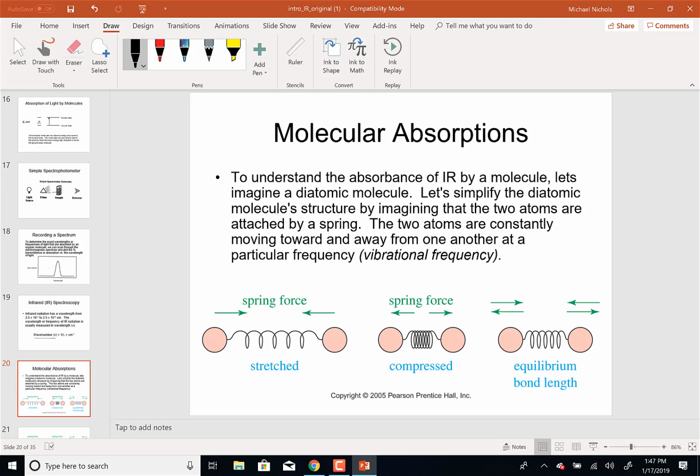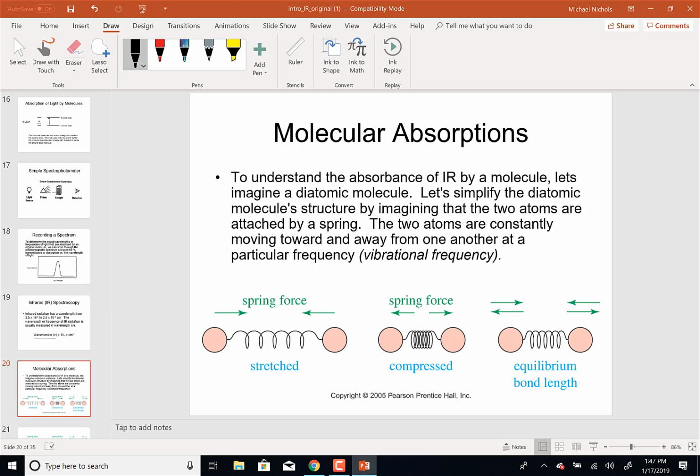HCl is going to be different than HBr. In the PChem lab, they actually look at the HCl stretch of the chlorine 35 isotope versus a chlorine 37 isotope. Because when the masses are different, it's like putting a heavier mass on the spring, the vibrations are going to be slightly different.